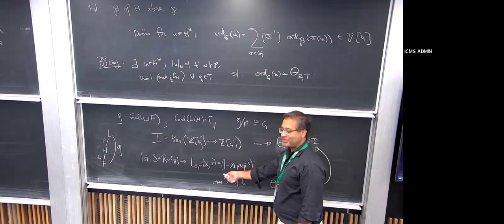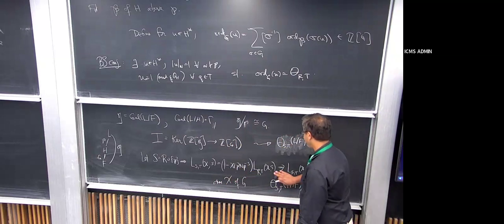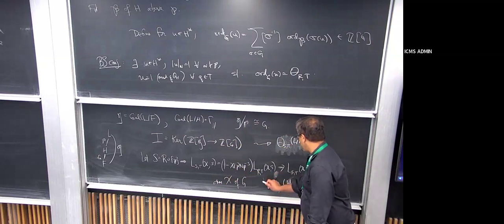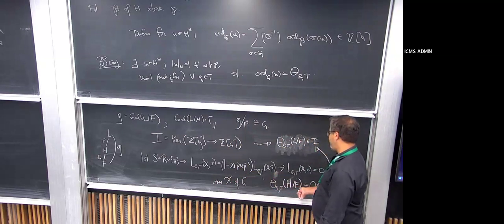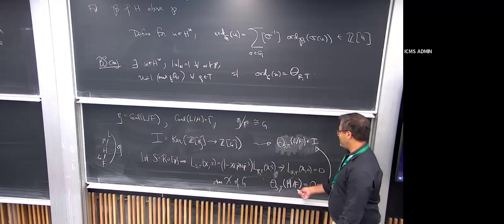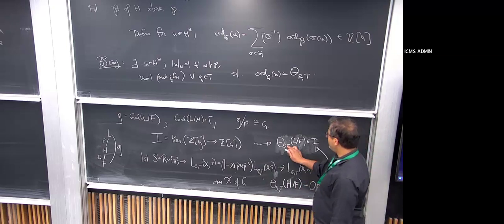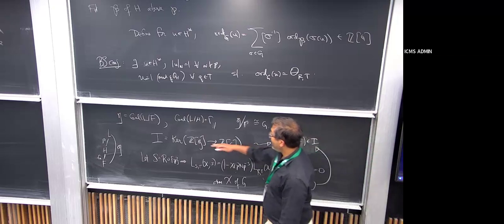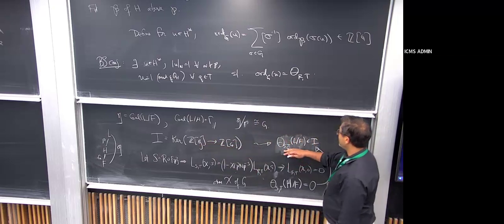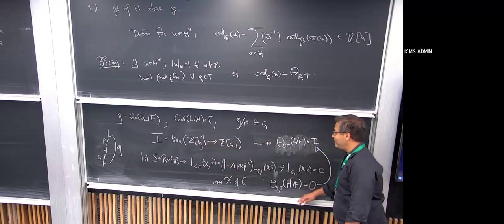So this is 0 for chi being a character of G, which means that the theta function, the Stickelberger element of H over F, is just 0, because all the L values you're interpolating are 0. What is the reduction modulo I of the Stickelberger element of L over F? It's just the Stickelberger element of H over F. So it reduces to 0, which is the definition of being in I.